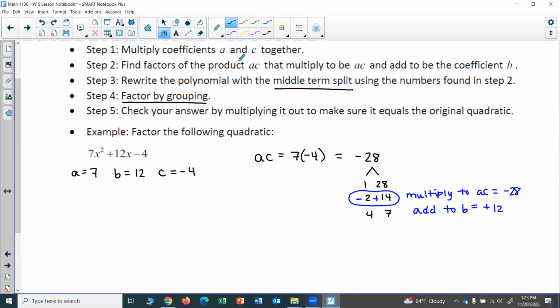So what I'll do now is I'll split my B term. So split the BX term.